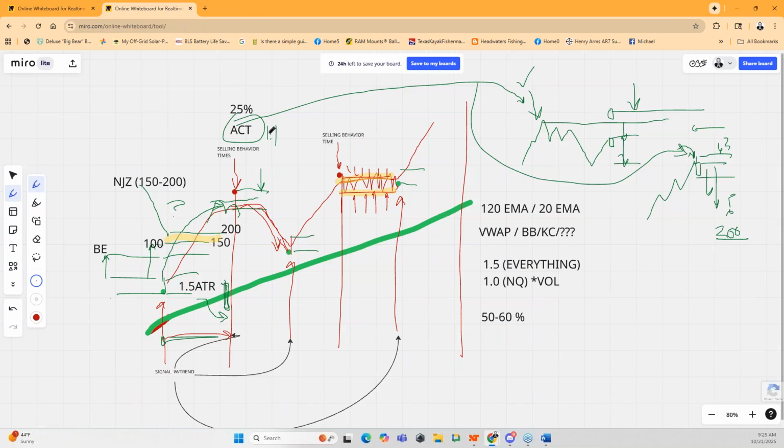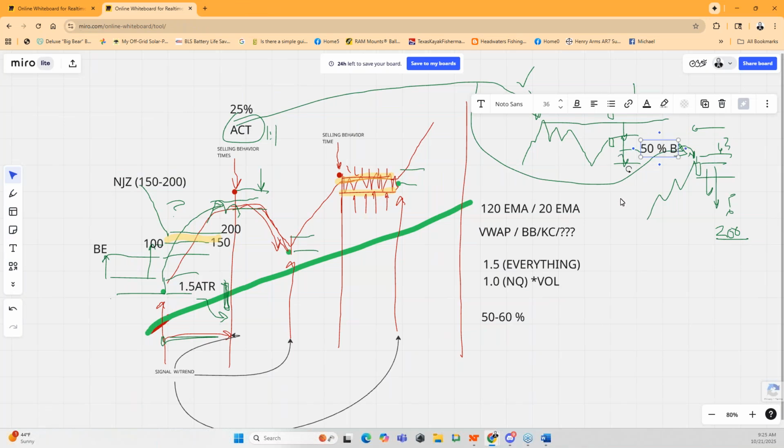So on aggressive counter trend trades with a 1-to-1 RR, I can go to break even when the trade moves halfway. At 50%, we can go to break even on an aggressive counter trend trade.